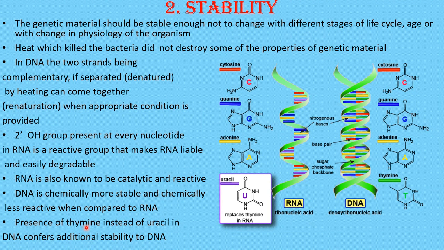And the presence of thymine instead of uracil. We have already discussed that thymine is present as a nitrogenous base in DNA, and thymine is replaced by uracil in RNA. This presence of thymine in DNA gives more stability to the DNA. We already discussed why RNA is easily degradable: because the 2' position hydroxyl group is present in each nucleotide.